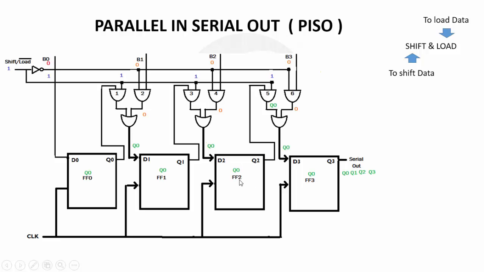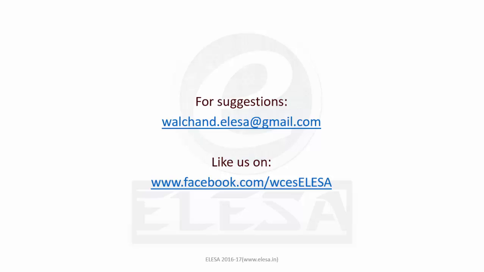And for another clock pulse, flip-flop number 3 will have Q0, and thus our data Q0, Q1, Q2 and Q3, which we inserted in this register during load time, is now out of the register. So we require only one clock pulse to store data and 3 more clock pulses to take data out of the flip-flops. So, this is all about Shift Register.